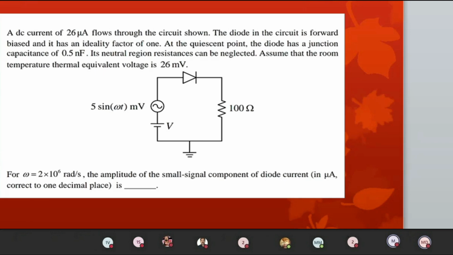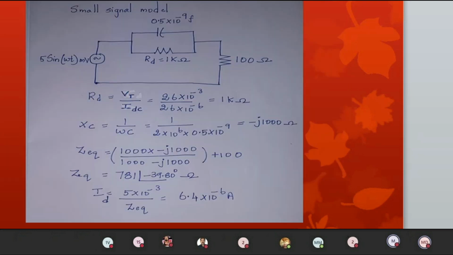So see, a DC current of 26 microamps flows and a capacitor of 0.5 nanofarads. How did I find the diode resistance? Because the DC current is 26 microamps and the thermal voltage is 26 millivolts. So the diode resistance is the thermal voltage divided by the DC current: 26 into 10 power minus 3 divided by 26 into 10 power minus 6, which is 1 kilo ohm.